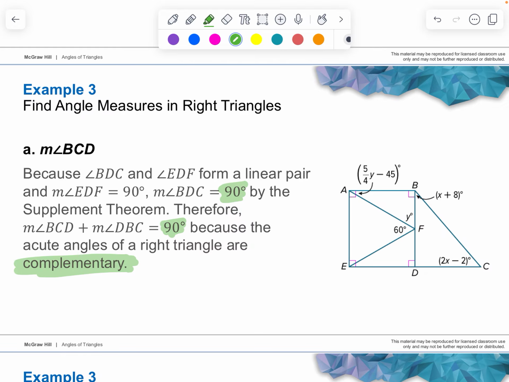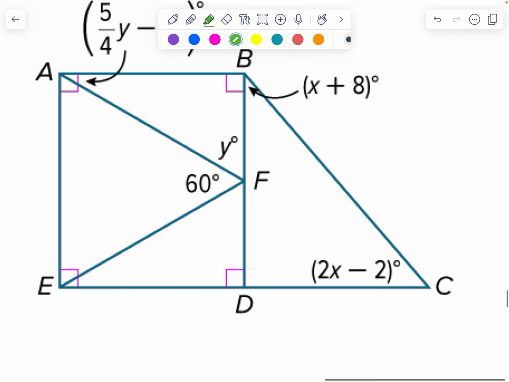Let's go look down here. Okay, they said that because this angle and this angle form a linear pair, they are both 90, because they both have to add to 180. And if this one's 90, this one's 90, right?